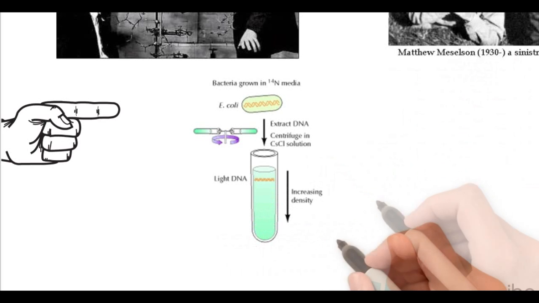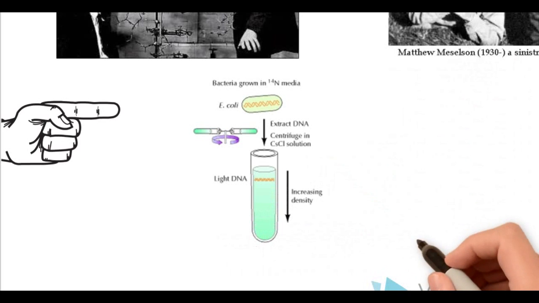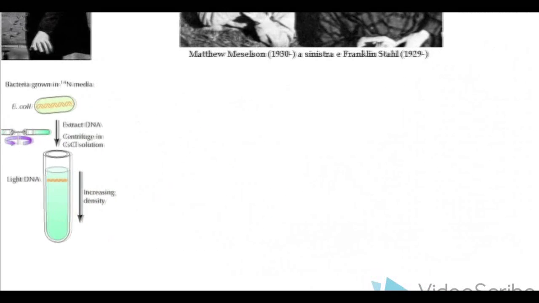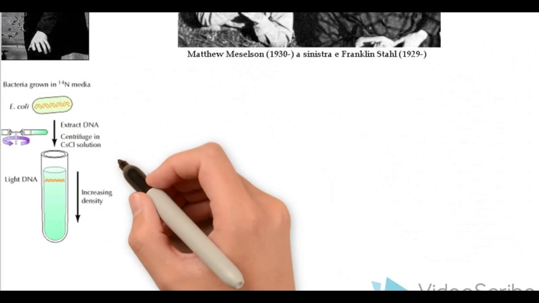The cells were then left for periods of time corresponding to the generation time for E. coli, that is, the time needed for the cells to divide once and therefore the DNA to replicate once.